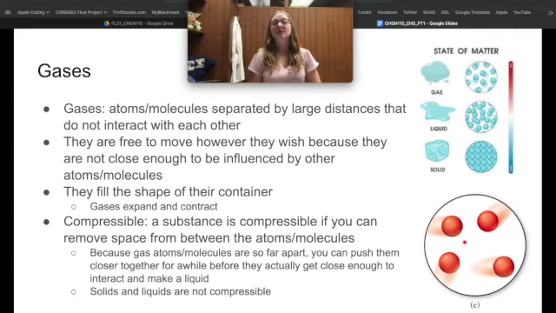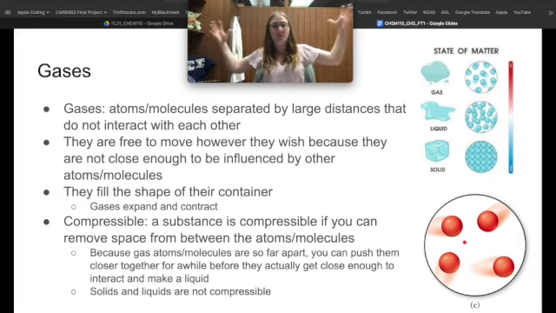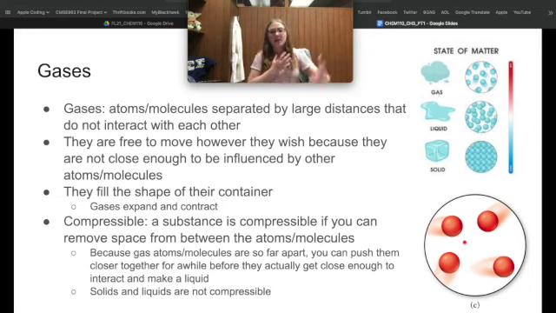So with solids and liquids, you're not changing the volume no matter what you do to them, but with a gas, you can change the amount of space it takes up. Because gas atoms and molecules have so much space between them, when you're compressing them, you're just forcing them to be closer together and giving them less space between them. So that's kind of what we're thinking about.